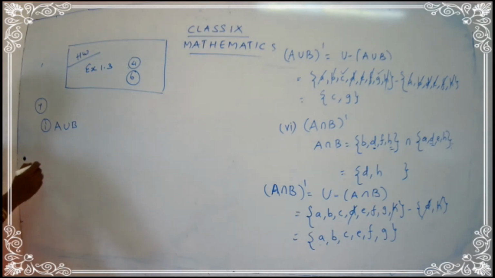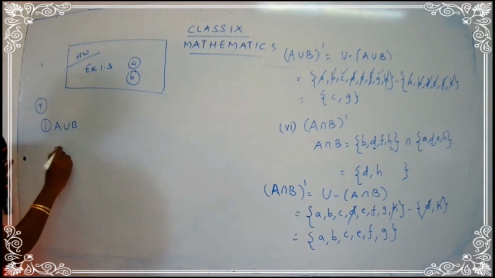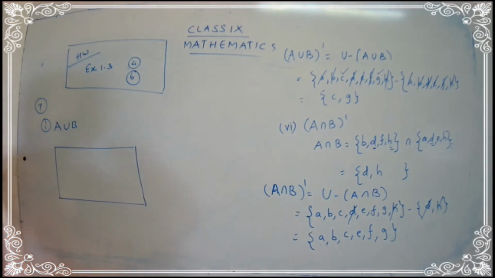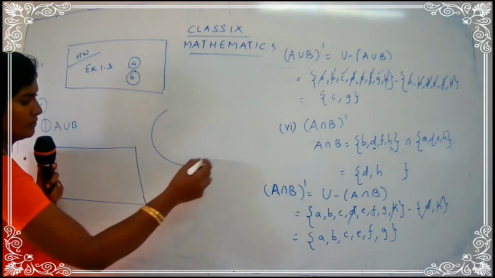A union B. So first of all, you have to draw a... Children, for drawing Venn diagram, we use a pro circle. We need the pro circle for exercise 1.5, because now at least you have only 2 circles, so you can draw the circles. But after 2 or 3 classes, we need a pro circle. A pro circle looks like a circle.